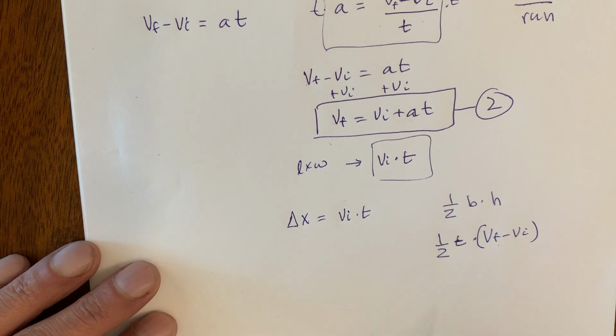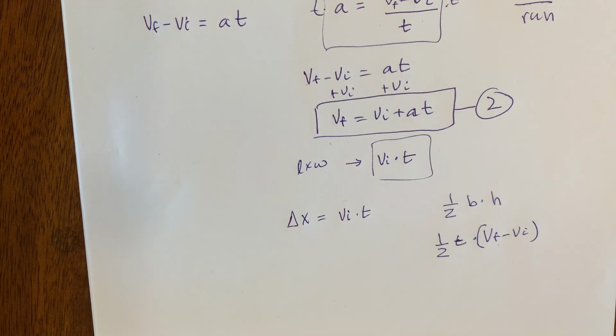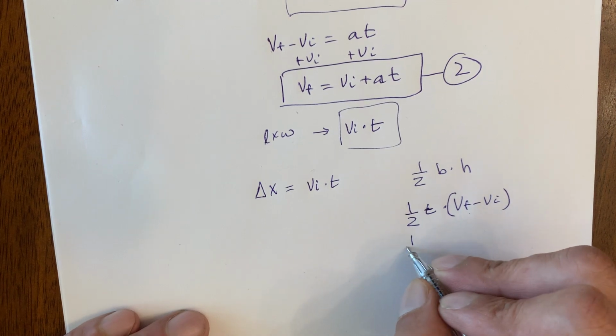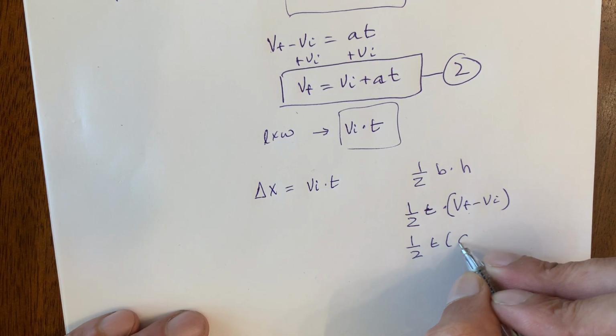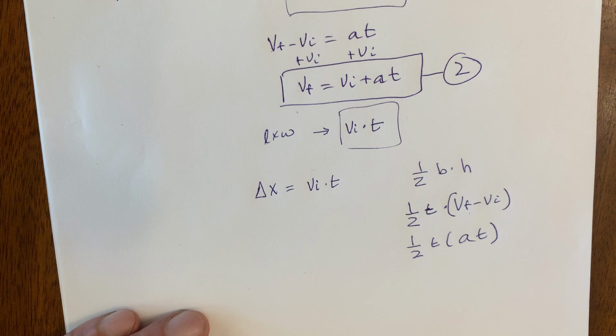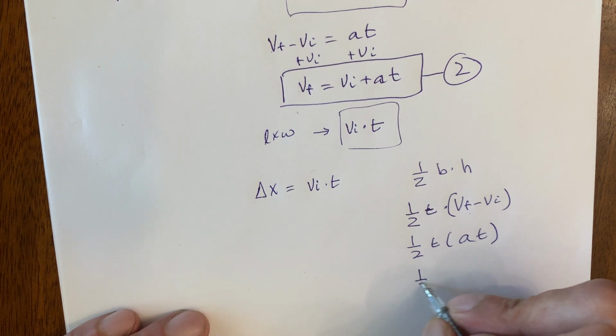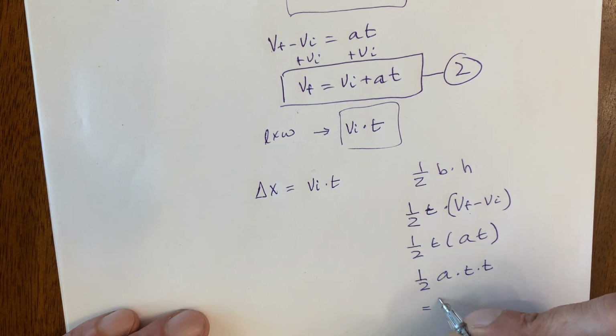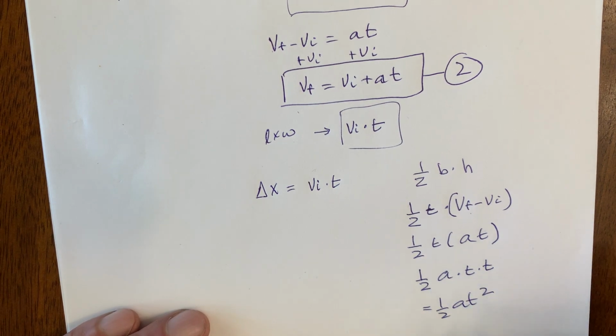The reason is I want to make this equation something special that doesn't need final velocity in it, so I'm going to try to get rid of it. So then this becomes 1/2 times T times A times T. If I multiply that, it becomes 1/2 AT squared.